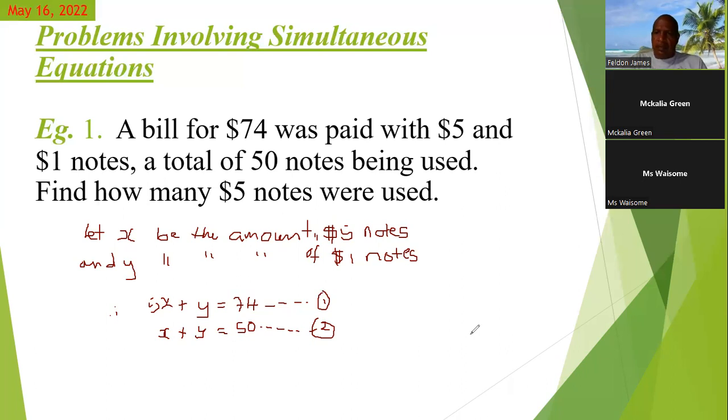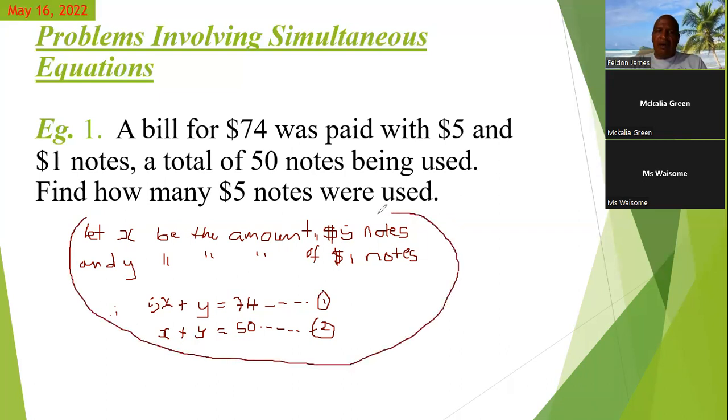Sir, could you go over it one more time, please? So, Ms. Green, what we are saying is that when we are given a question where you can identify something that you don't know, in this case, ignoring what was written down here for a moment, let's look at the question itself.